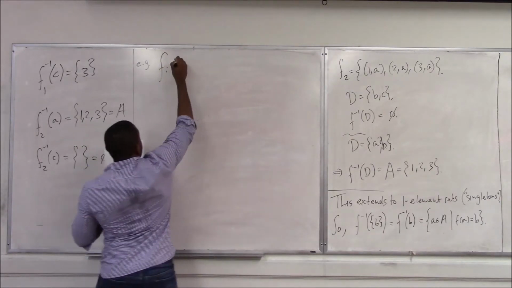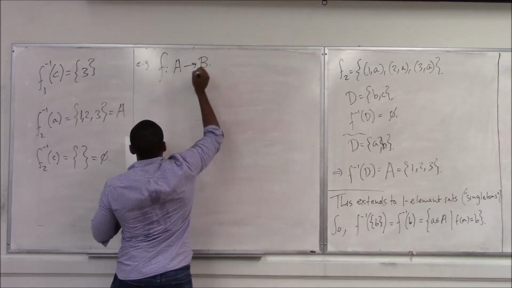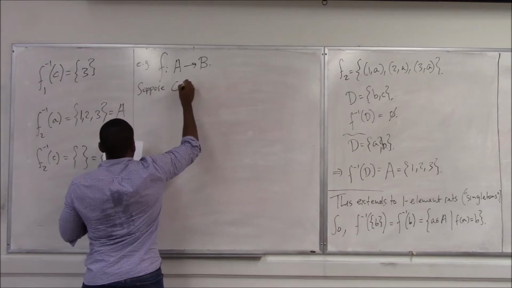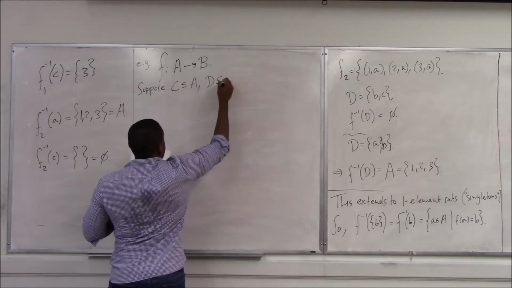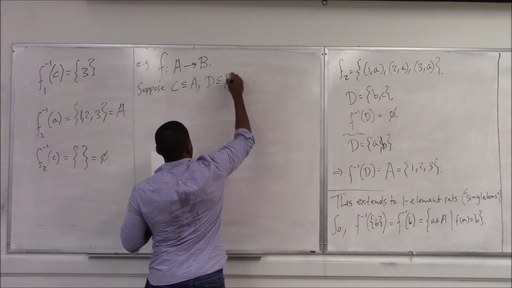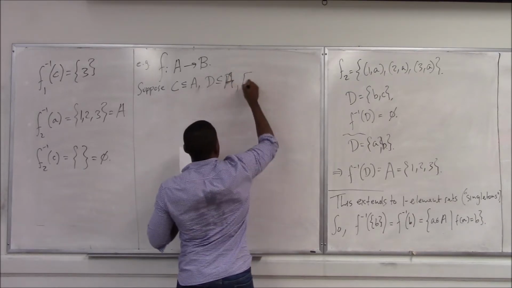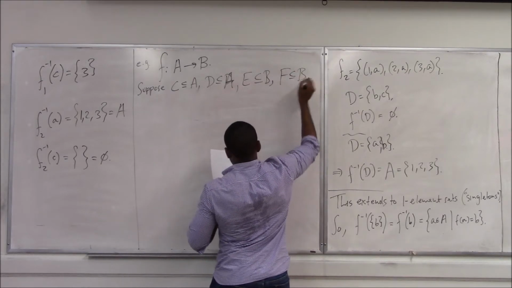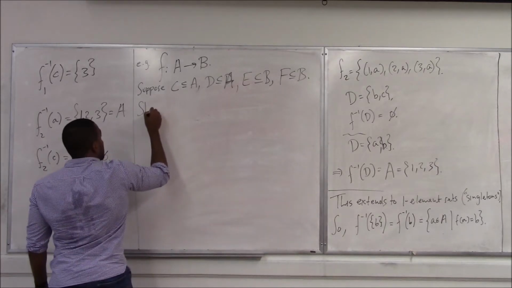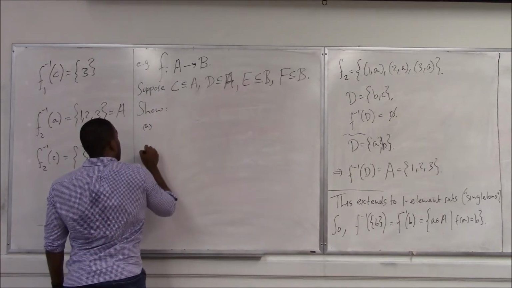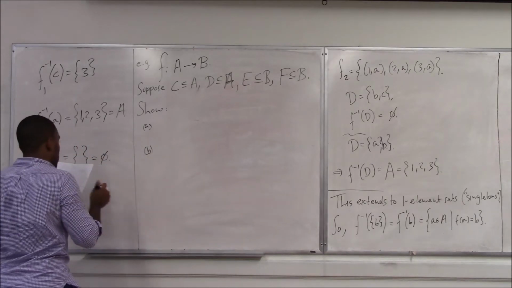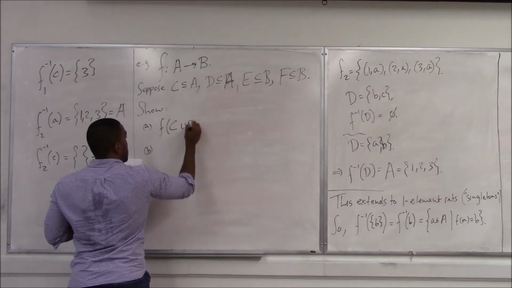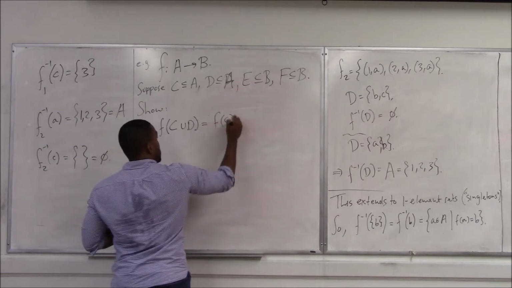Here let f be a function from A to B, and suppose C is a subset of A, D is a subset of A, E is a subset of B, and F is a subset of B. Show two things. Show that the image of a union is the union of the images.